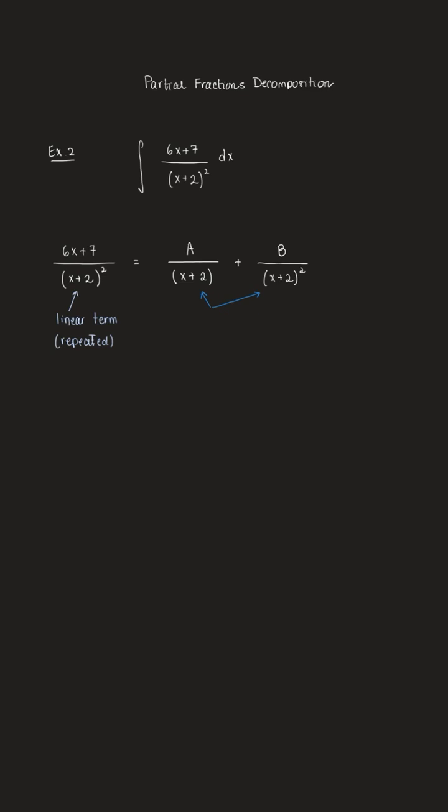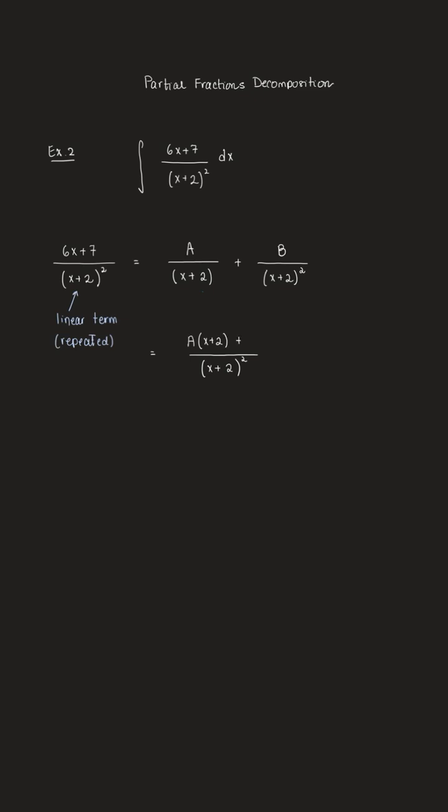Okay, so now our next step is to work on that right-hand side, get the common denominator, multiply A and B accordingly as we might need to, and then equate the numerators. On the right side, the common denominator will be (x + 2) squared. To get the first fraction over (x + 2) squared, we need to multiply top and bottom by x + 2.